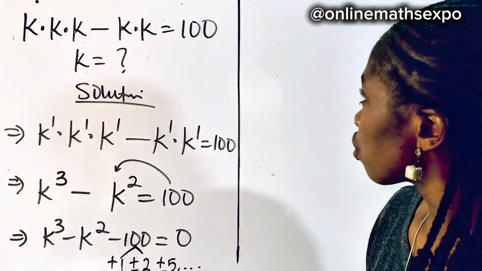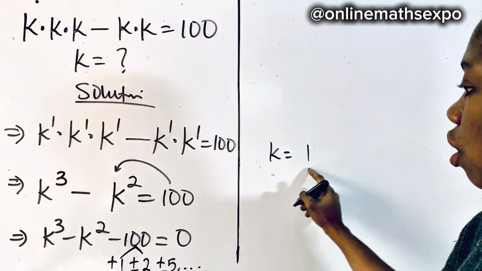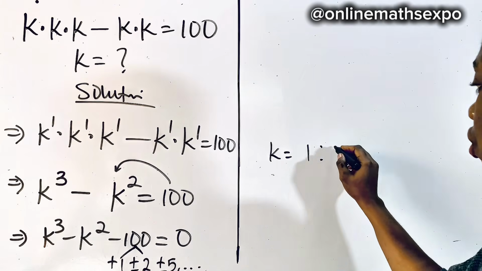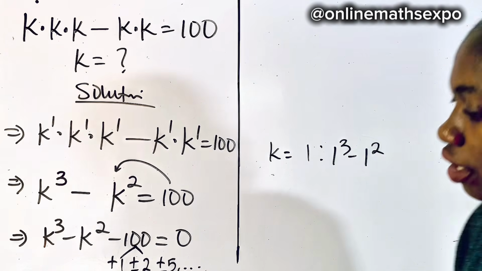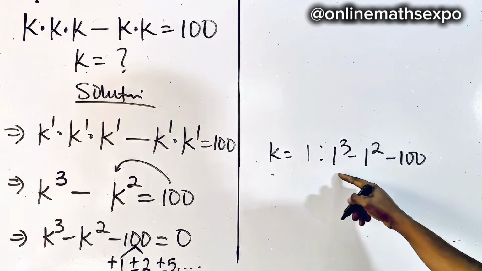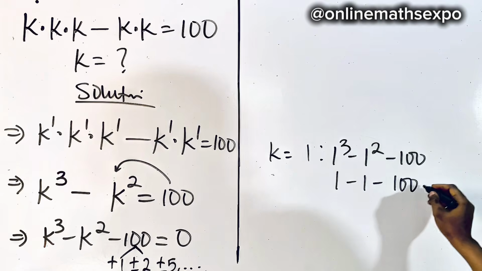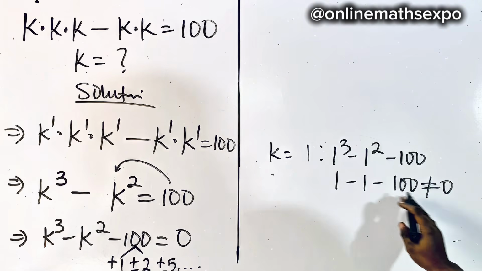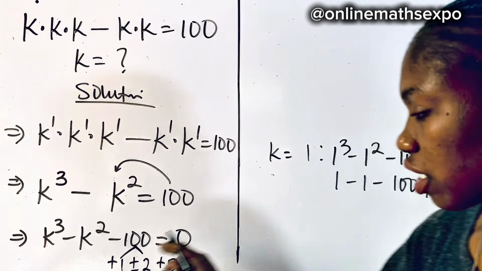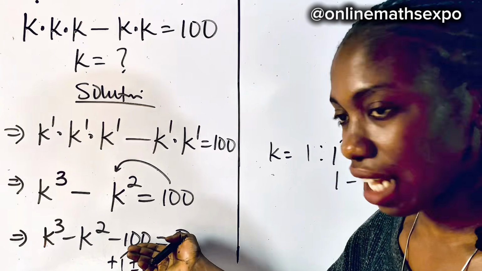So let's say k is equal to 1. We have 1 cubed minus 1 squared minus 100. You see that this gives us 1 minus 1 minus 100, and it is not equal to 0. You can also check for when k is negative 1. It will still not be equal to 0 because this number is larger.